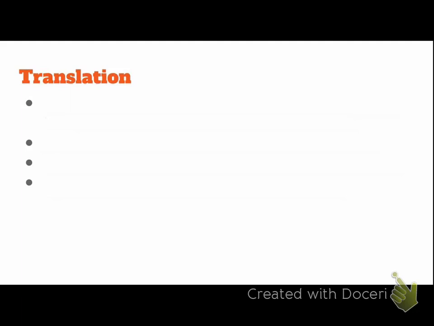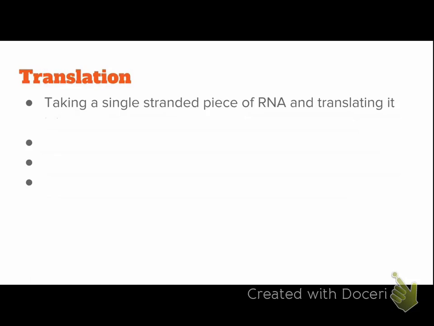So let's take a look at translation and what it actually is. What we're going to do is start with a single strand of RNA, and translate it into an amino acid chain. And when we put amino acids together, we know that means we make proteins. You can think of this as if you're translating something in a language, taking it first from something that does not make sense to you into your own language.